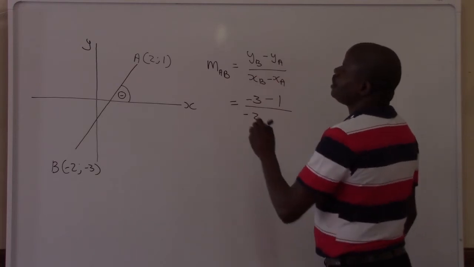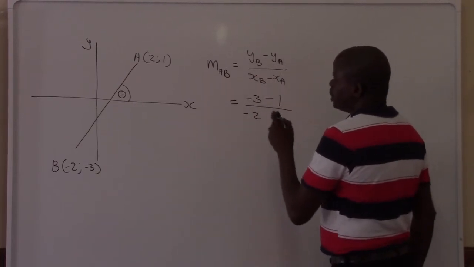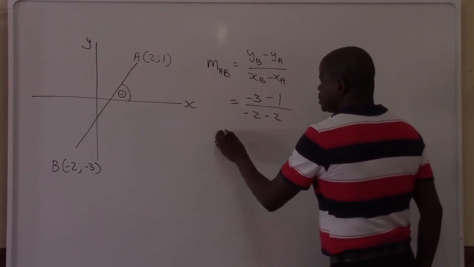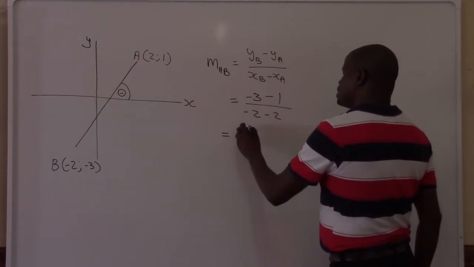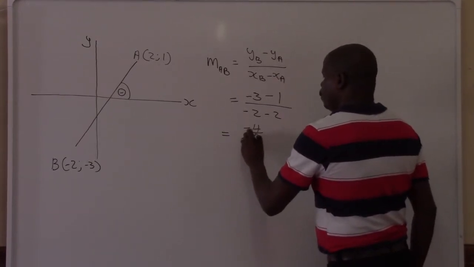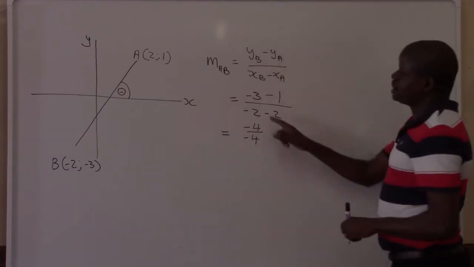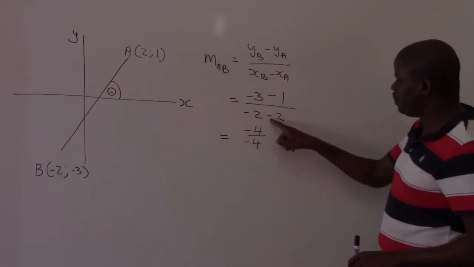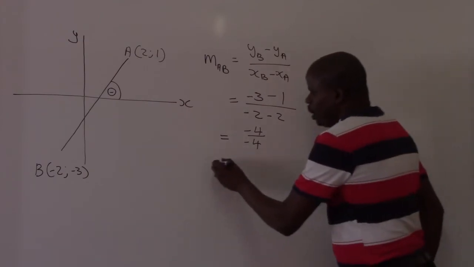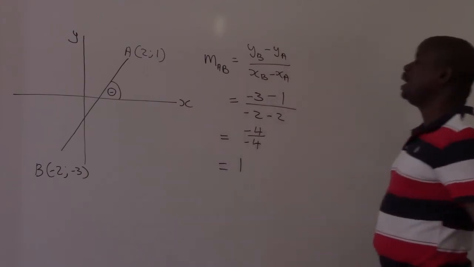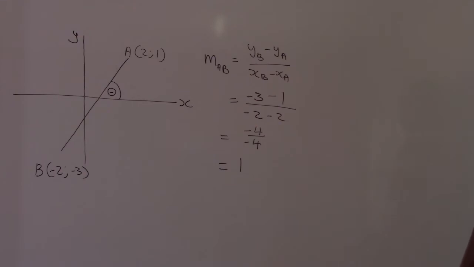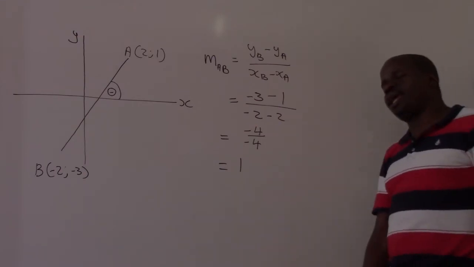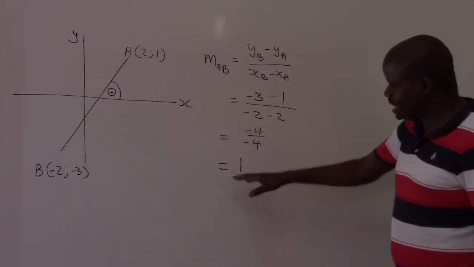And what is the value of x at A? It is positive 2, so minus 2. So this is negative 4 over negative 4, because negative 3 minus 1 is negative 4, and negative 2 minus 2 is negative 4. The answer there happens to be 1. That is the gradient.